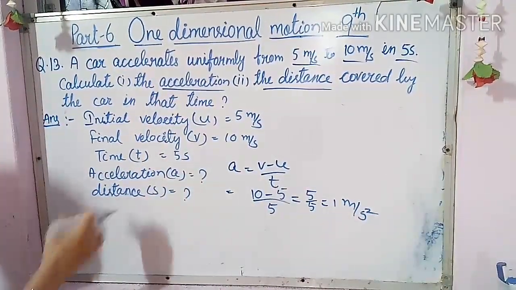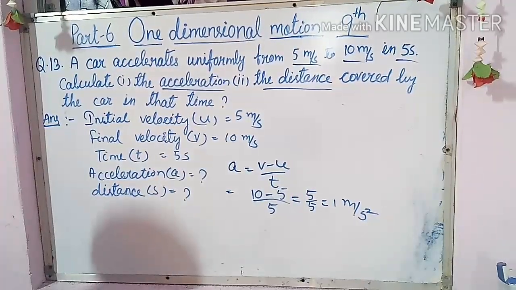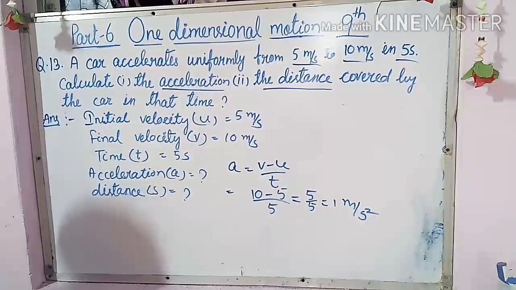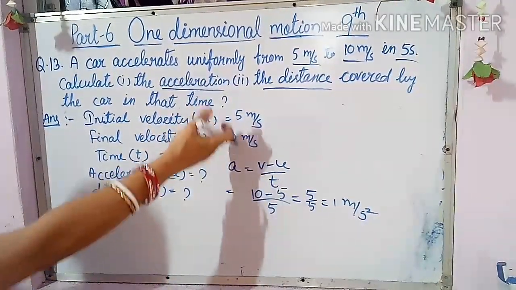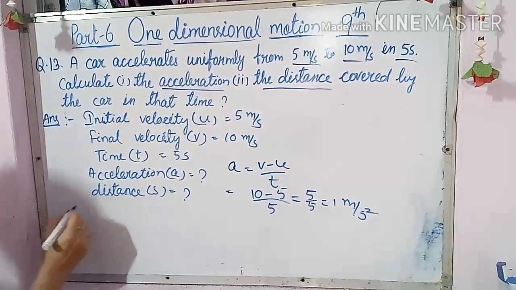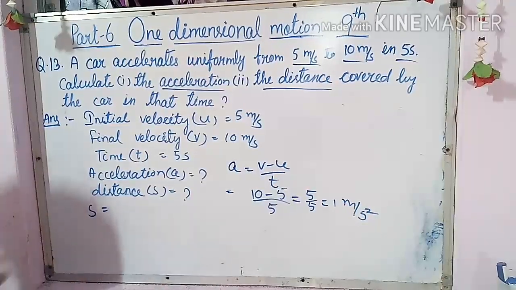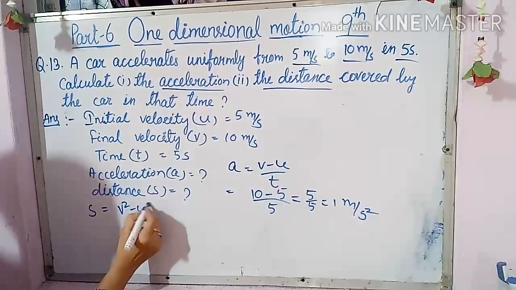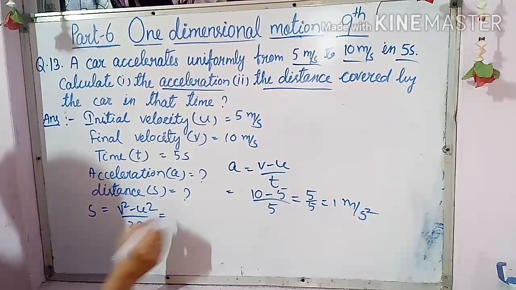Now you can apply in the case of distance also any equation, because U is there, V is there, T is there, A is also there. Accordingly, for my convenience, as the numbers are small, V square minus U square by 2A is good to find S here. Otherwise you can apply the second equation, no problem. So S equal to V square minus U square by 2A. I have applied the third equation.